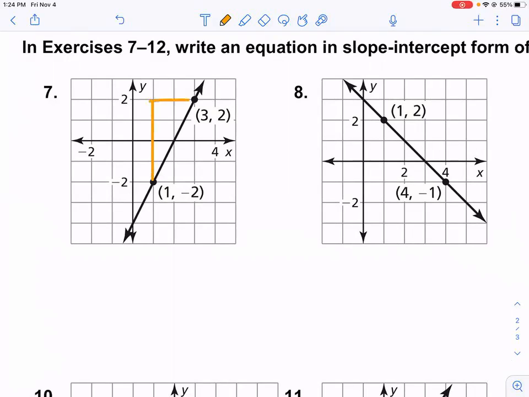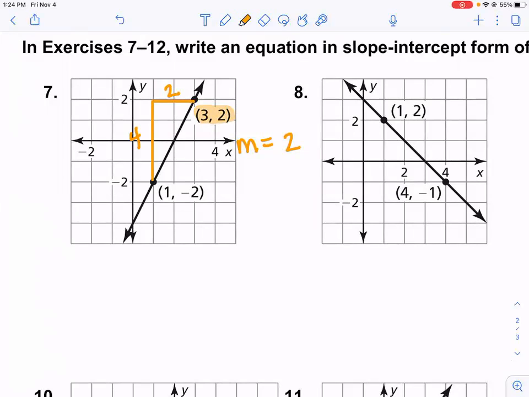What is our rise over run? So our rise is 4, our run is 2, so our slope is 2. Okay, Amelia, does it matter which points we pick? No. Amelia, which point would you like to pick? I agree with that.